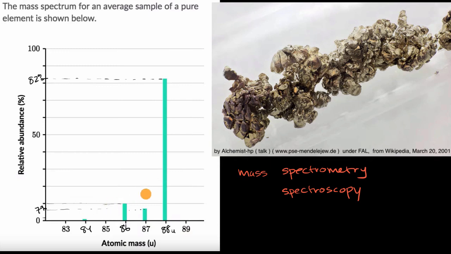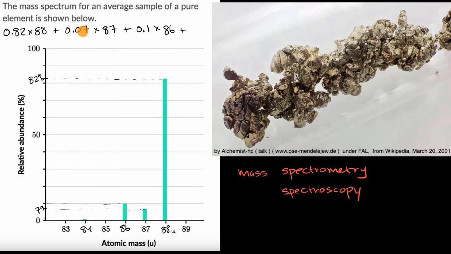And so from this information, we can try to estimate what the average atomic mass of this mystery element is. We could calculate it as 0.82 times 88 plus, let's call this 7%, so 0.07 times 87, plus 10%, 0.1 times 86, plus, and let's see, it should add up to 100%.